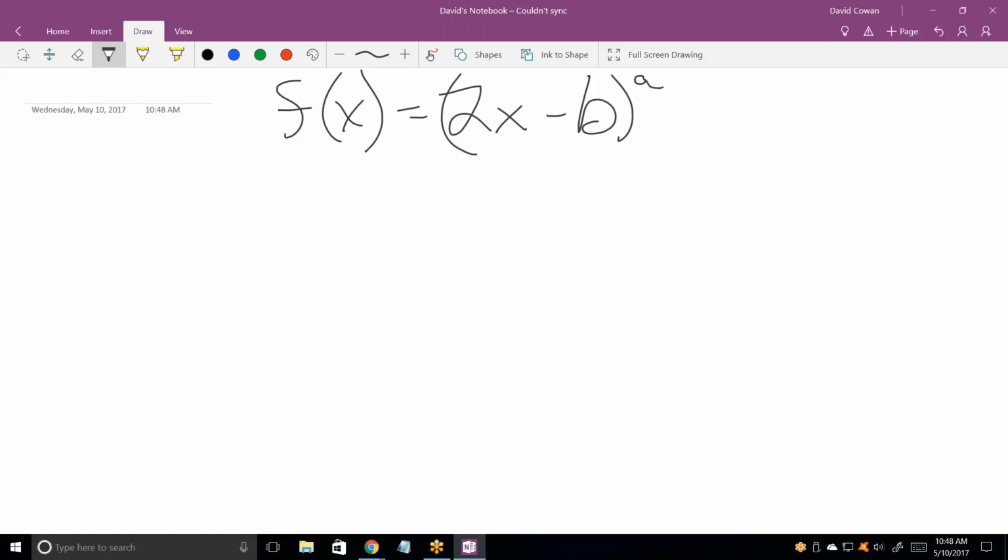And what they mean, I presume, is the first derivative function. The slope function of that function is, and then I have another equation. And then it says find the constants a and b. Okay, so then the derivative function is 24x squared minus 24x plus 6.